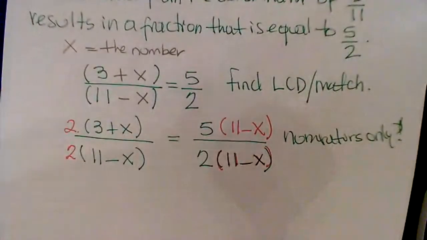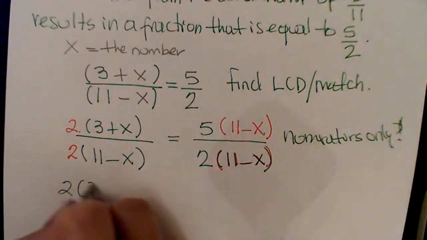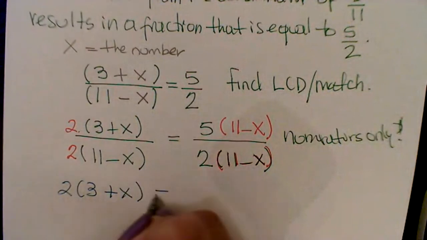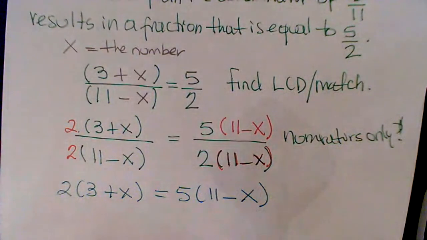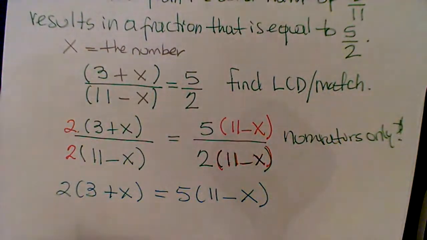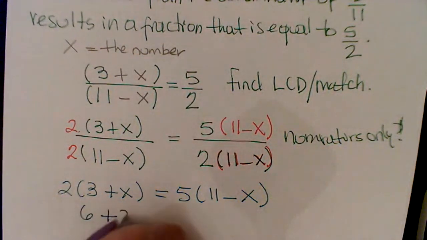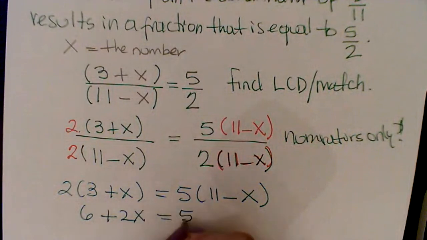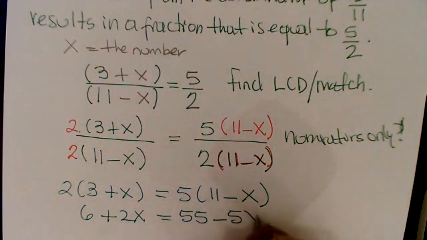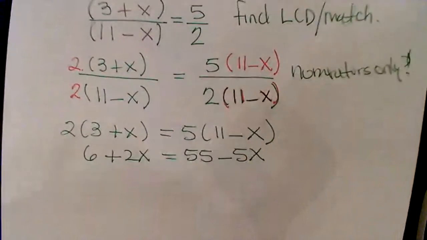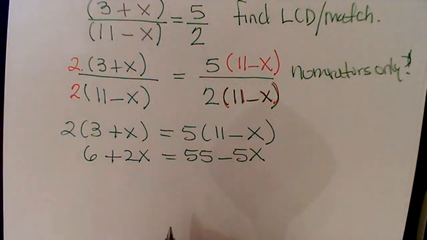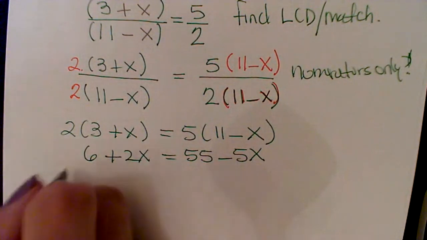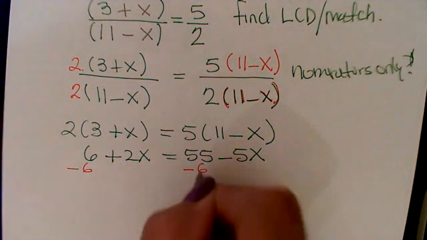Okay, let's do it. So we have 2 times 3 plus x equals 5 times 11 minus x. So I'm going to distribute. This will be 6 plus 2x, and this side will be 55 minus 5x. I'm going to make a 0 here.